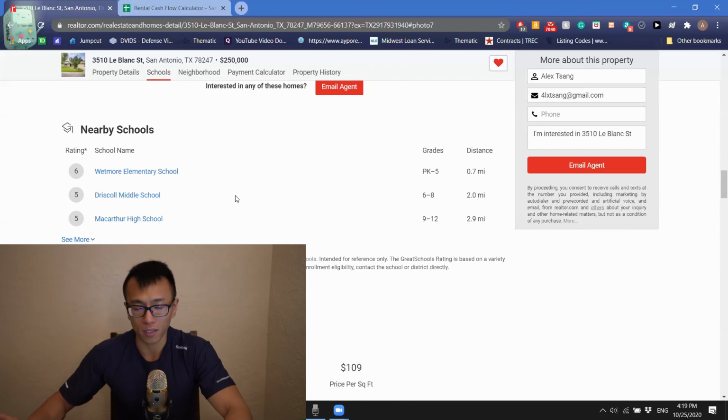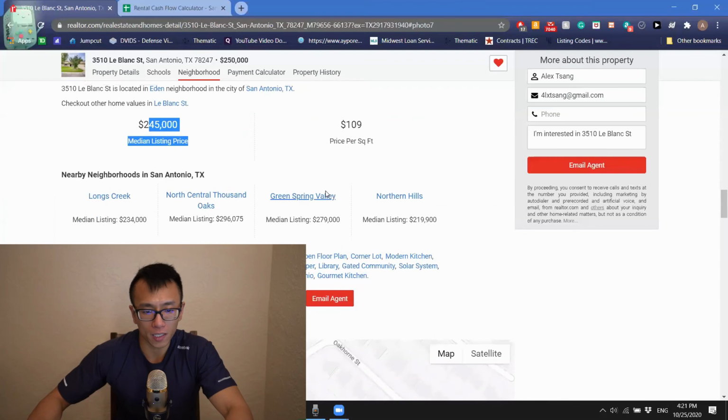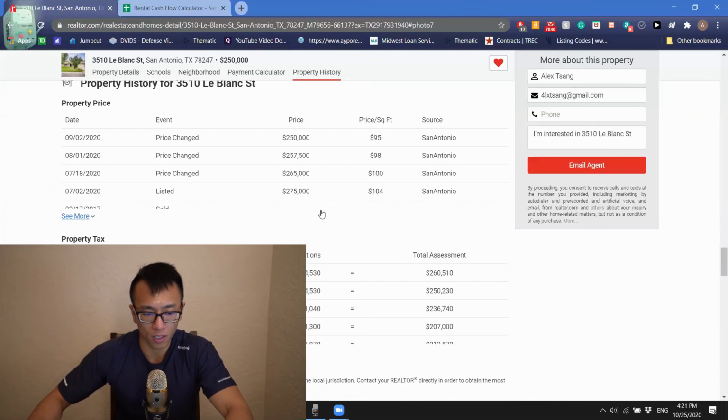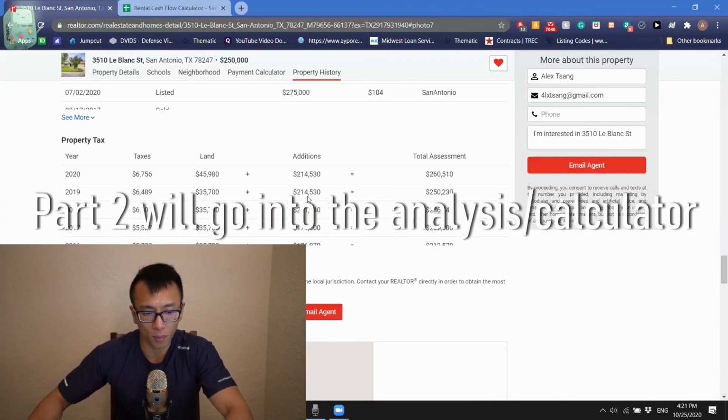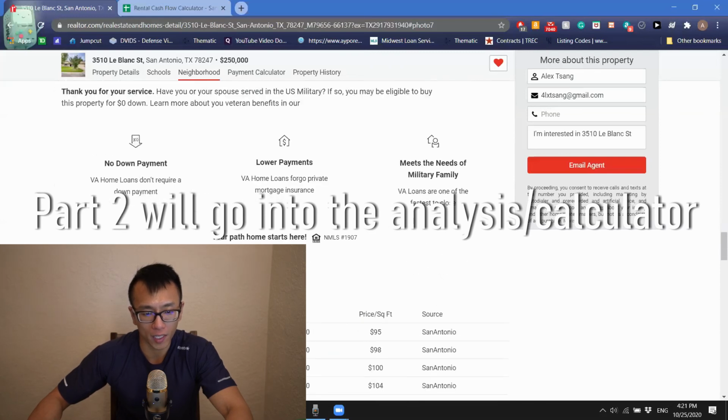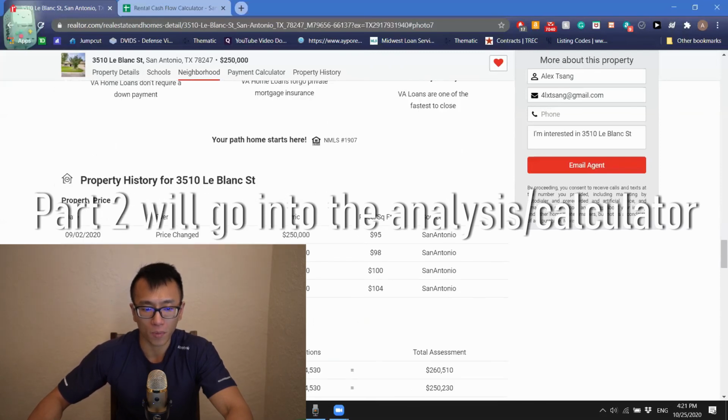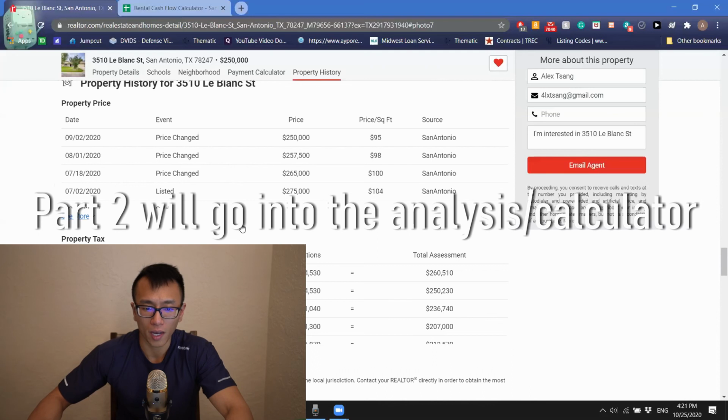This is all speculative, but higher income, they emphasize education, and they understand the importance of different other things that make a healthy family and also a wealthy family. All right, so that is about it after the neighborhood stuff. This information down here will help you find out some history about the property, and this will help us also put in data for our calculator.